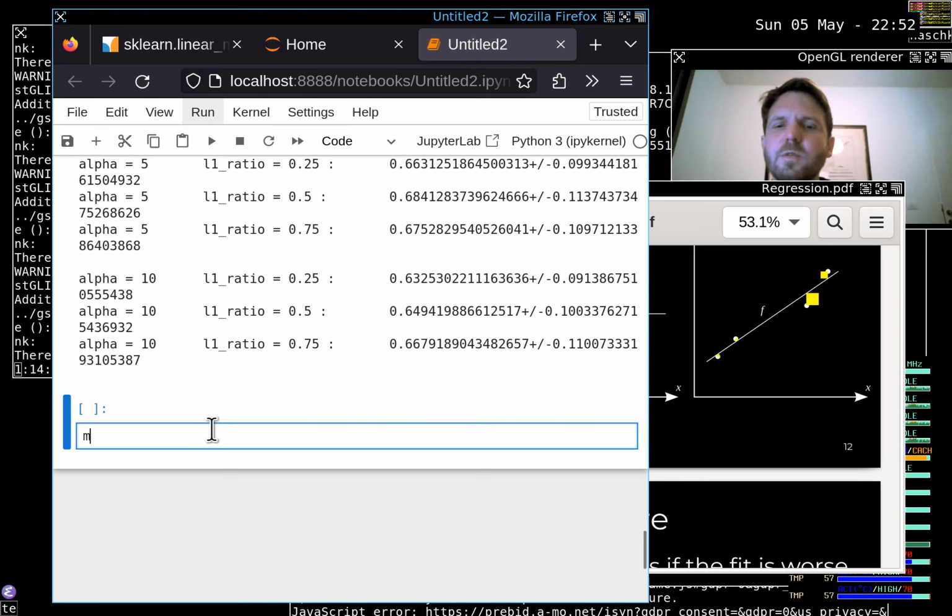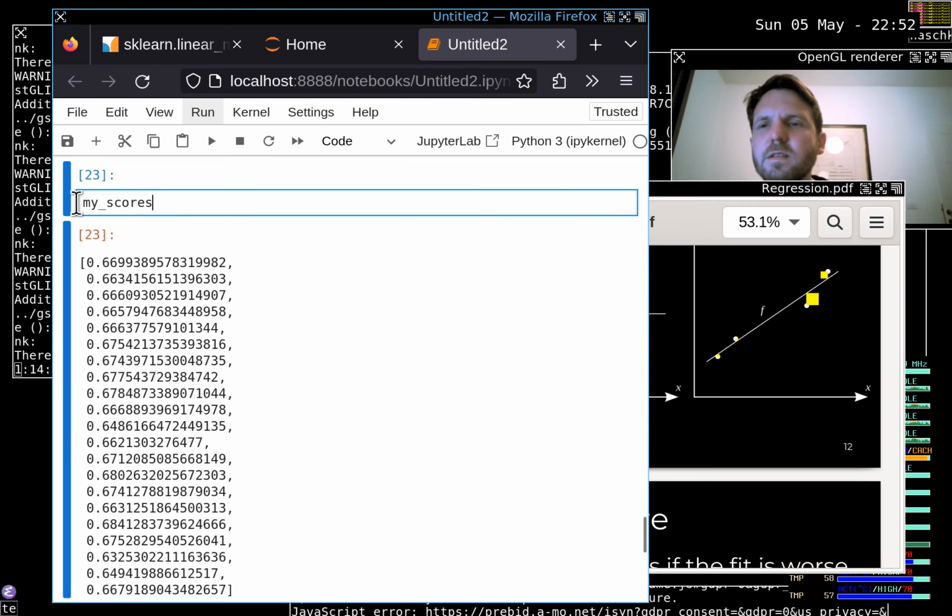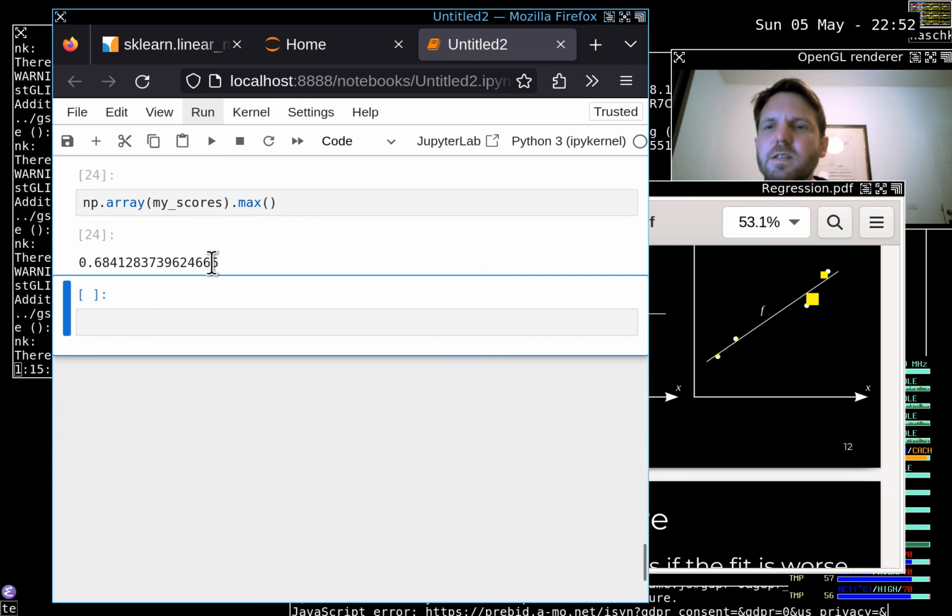As I had this with the scores here, if I go to my mean scores, of course I get all means out here in a list. As we have the NumPy library here, something you can do very easily is transform this into a NumPy array and say I want the maximum, and then I get 0.684.